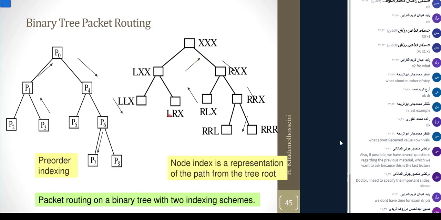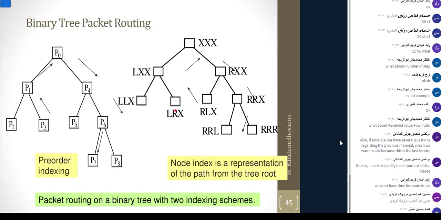Then we go right, LRX. Then when we go left from this point, RLX. Then when we go right, RRX. From this point to left, RRL. From this point to right, RRR. It is a representation from the root to the leaves. These are two indexing schemes.